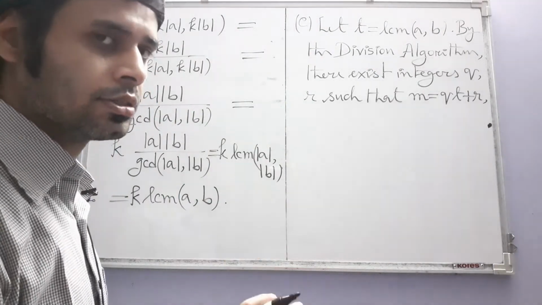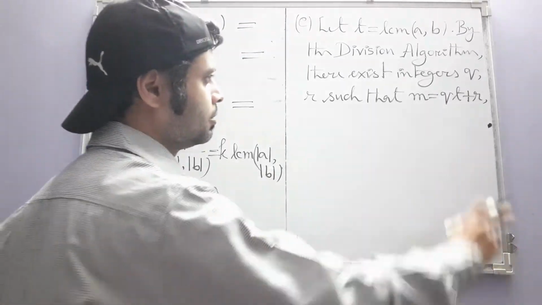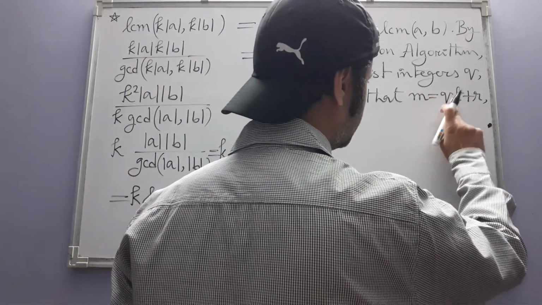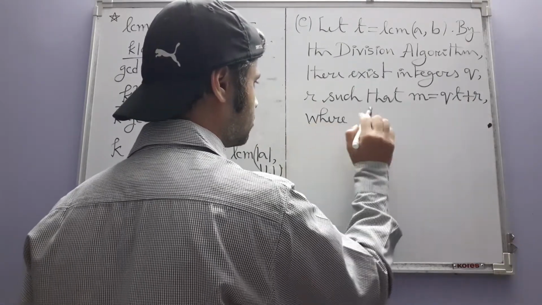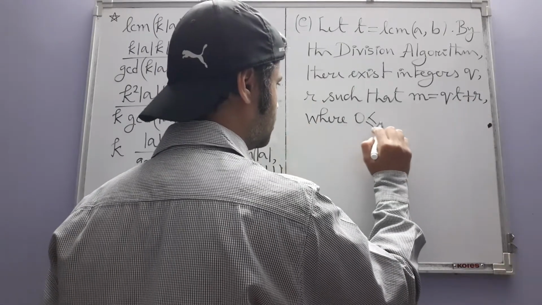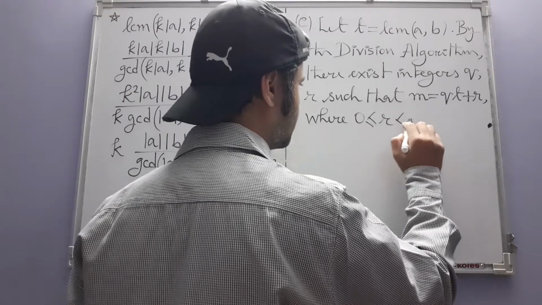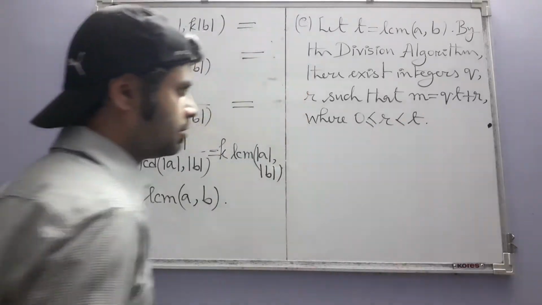That means T is non-zero. That's the important point. To get quotient Q and remainder R, where of course our remainder is non-negative and is less than T.